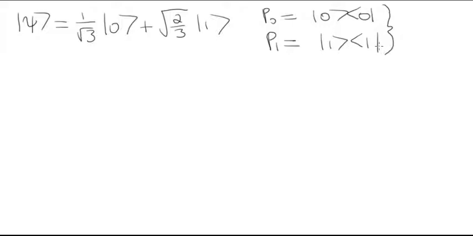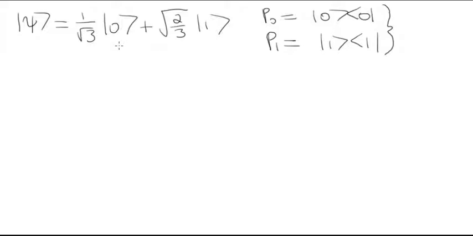Now let's say we didn't know anything about the operators. If I ask you the probability of it collapsing to 0, simply look at the coefficient out the front and take the modulus squared. The square of this is just 1/3, so that's the answer. For the probability of it collapsing to 1, look at the coefficient out the front and square it: 2/3.